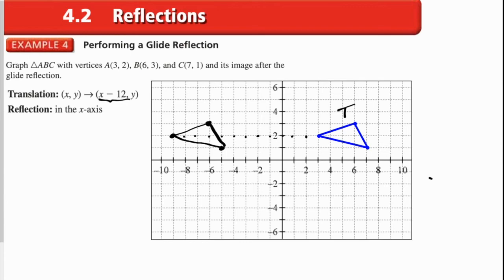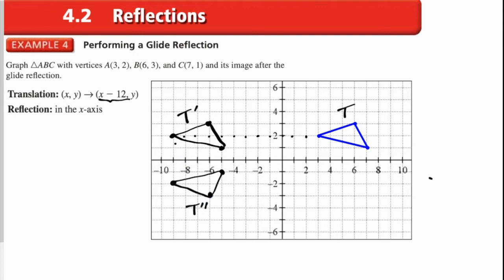So this is the image of the triangle after the translation. And then we can do the reflection of this triangle. And this would be triangle double prime.